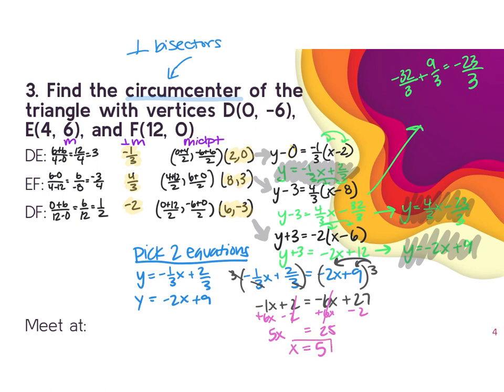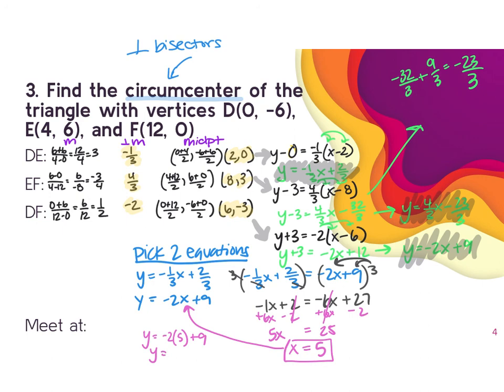Now that I know what my x value is, I'm going to substitute that back into either equation. I can pick either one of those. Doesn't matter. I'm going to choose the bottom one. I'm going to substitute 5 for x. So y equals negative 2 times 5 plus 9. Negative 2 times 5 is negative 10.